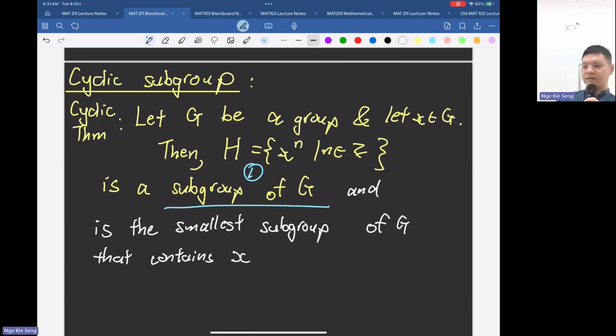So what does it mean by smallest here? Can you elaborate more? What does it mean by smallest subgroup that contains x?